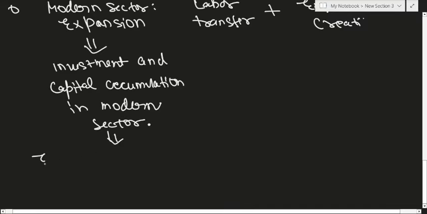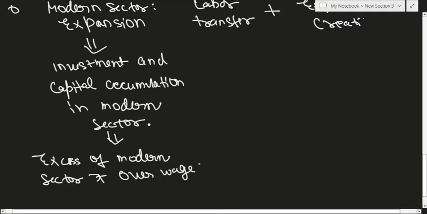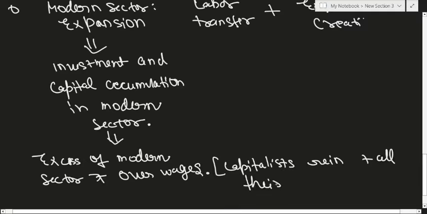This is possible from the excess of modern sector profits over wages. Capitalists reinvest all their profits. Okay.